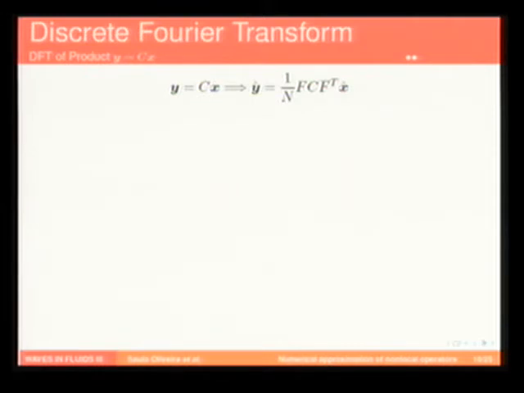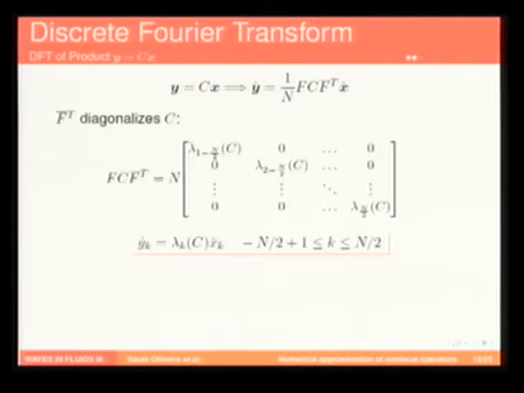And luckily, this thing here will be diagonal. The Fourier matrix diagonalizes the derivative matrix that we saw, with these circulant and Toeplitz structures and so on. So things get simpler for this kind of matrices.